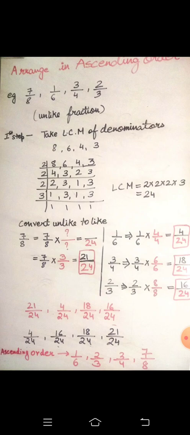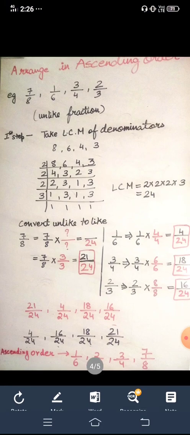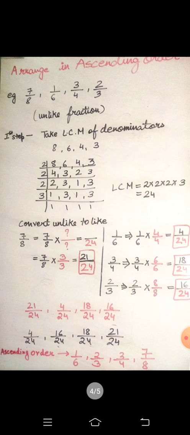Now the first step of ascending order or descending order is to take out the LCM of the denominators. What are the denominators? 8, 6, 4, 3. Now let's take out the LCM. To take out the LCM, you can use any of the methods of LCM, that is prime factorization or the long division method.